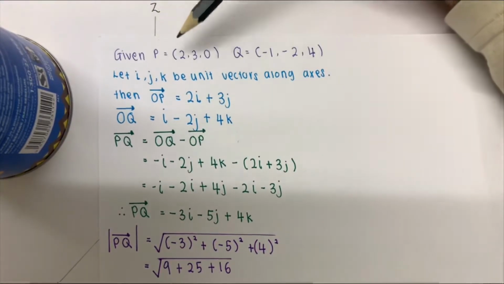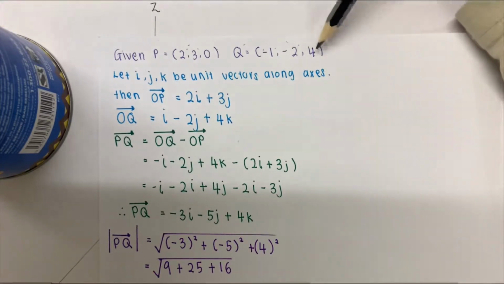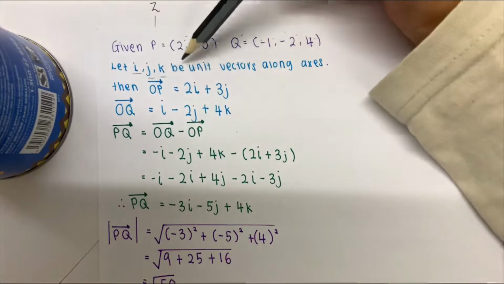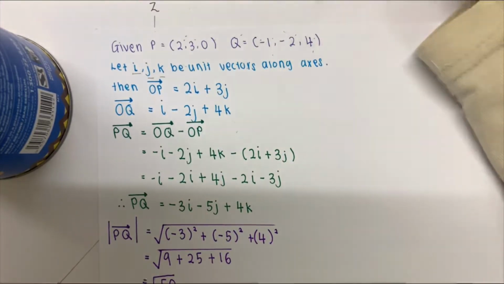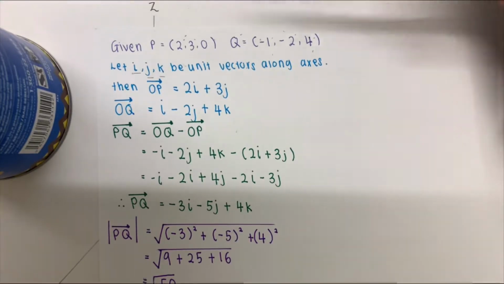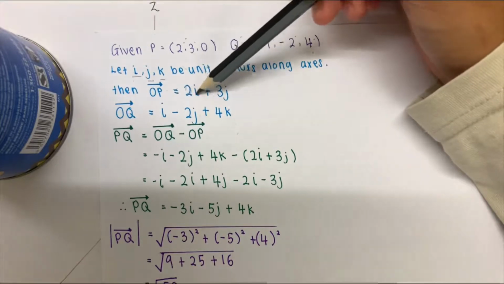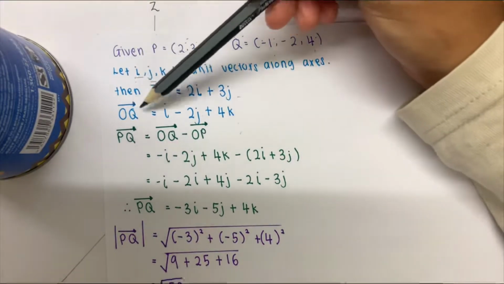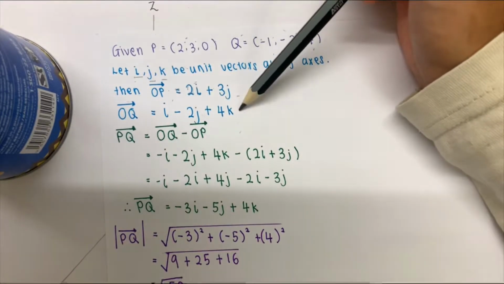Given P (2, 3, 0) and Q (-1, -2, 4). First, let i, j, k be unit vectors along the axes. That means OP is equal to 2i plus 3j. OQ is equal to -i minus 2j plus 4k.